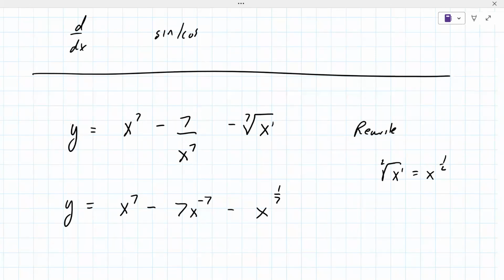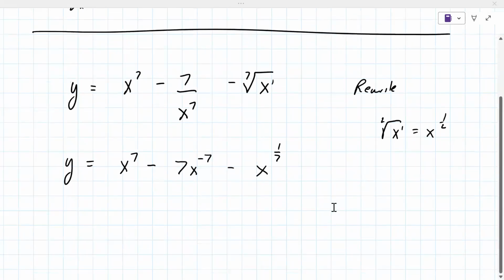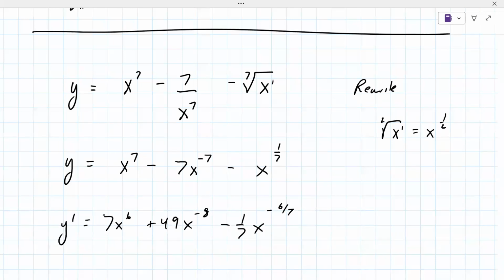Okay. y prime equals 7x to the 6th power minus or plus 49x to the negative 8 power minus 1/7 x to the negative 6/7 power. All right. Good job on that.